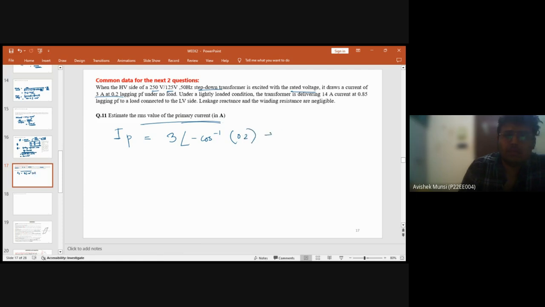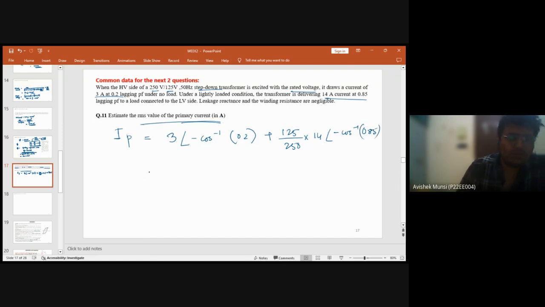Plus, it draws a current of 14 amp at this. So it will be NS by NP, the reverse of it, into 14 at an angle, this is also lagging, so minus cos inverse of 0.85.